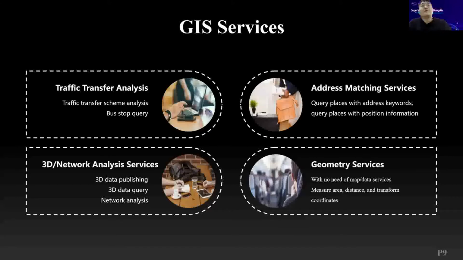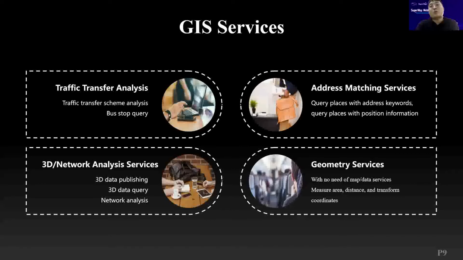And inside this 3D network analysis service, there are some functions. For example, the pipe burst analysis. If in this pipeline network one of the points or one of the valves bursts, the water is flowing out everywhere.